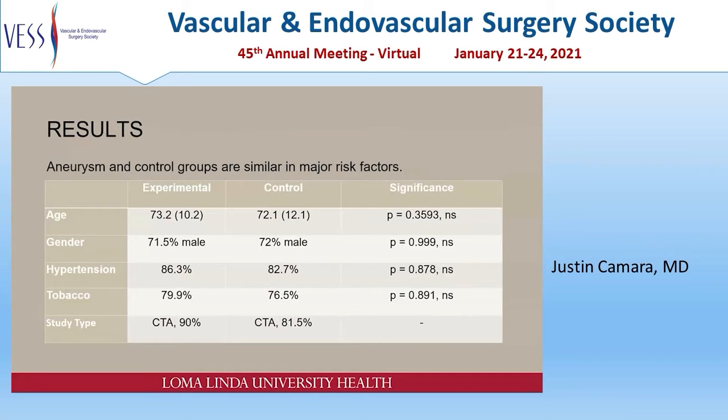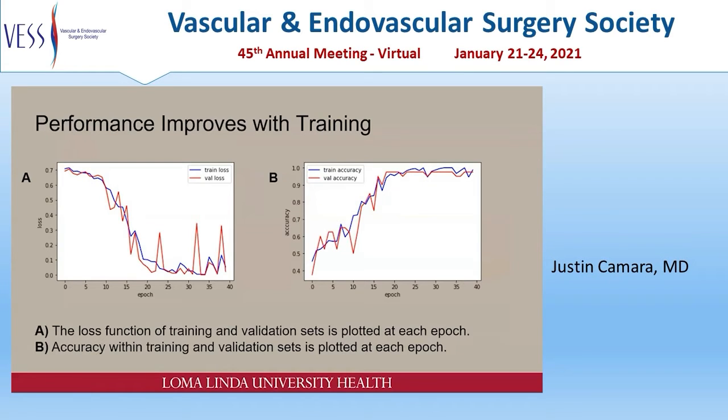For our analysis, the aneurysm and control groups had similar major risk factors, including age, gender, hypertension, and tobacco use. These figures demonstrate the performance of the model as it's training over multiple epochs.